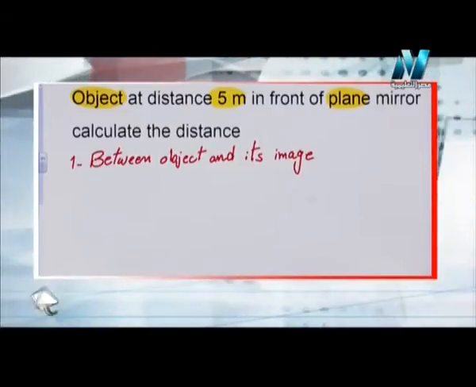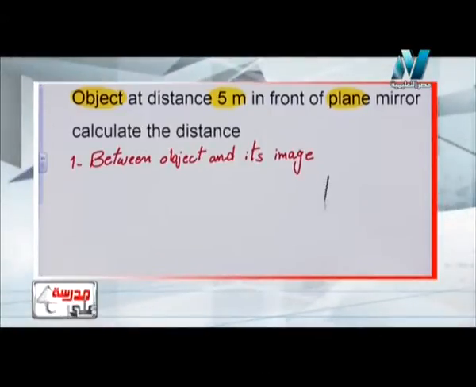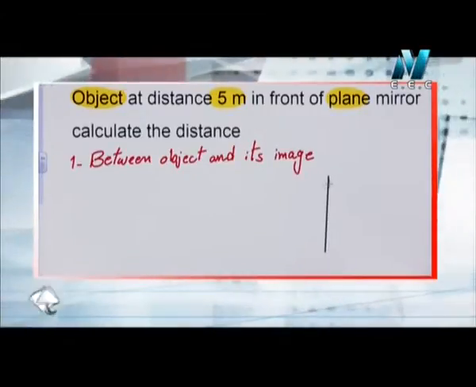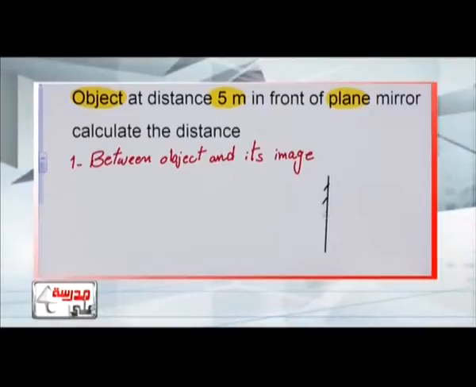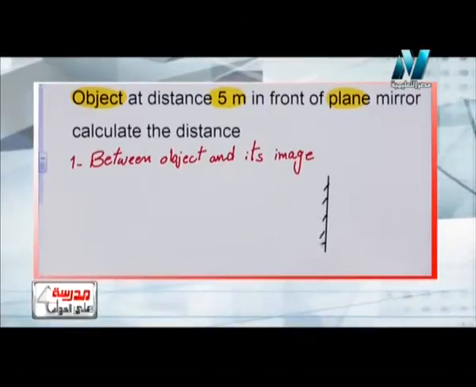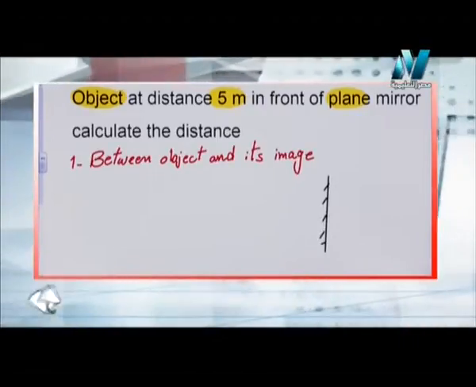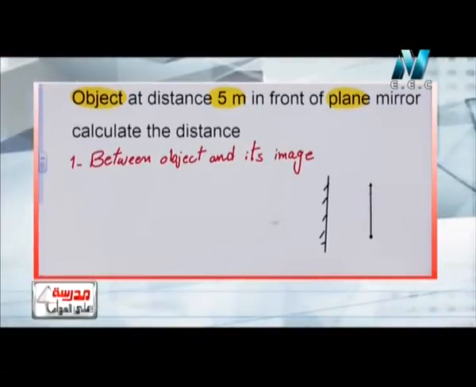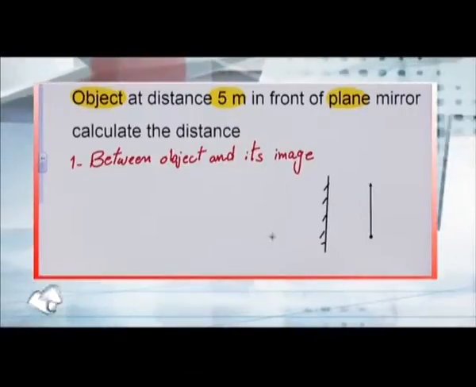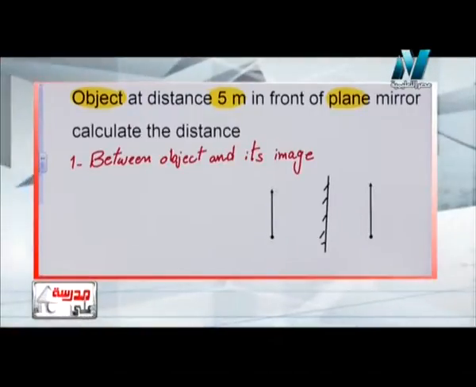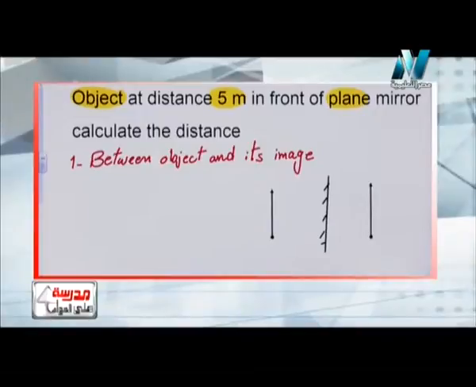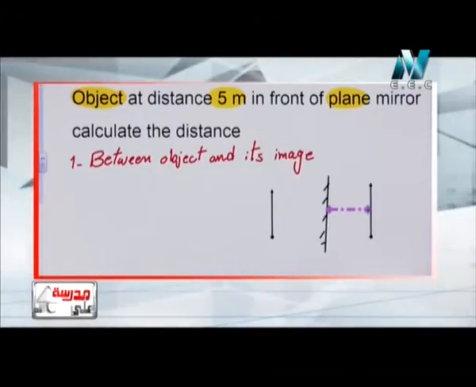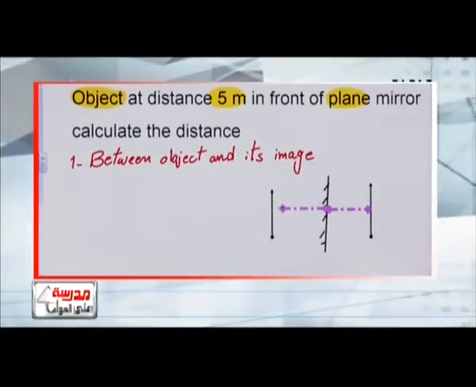As we studied before in second prep, we draw a line like that with a shaded area to know the front and back of this mirror. So here this arrow represents the object, and this arrow represents the image. We know the distance between object and mirror equals the distance between image and mirror.